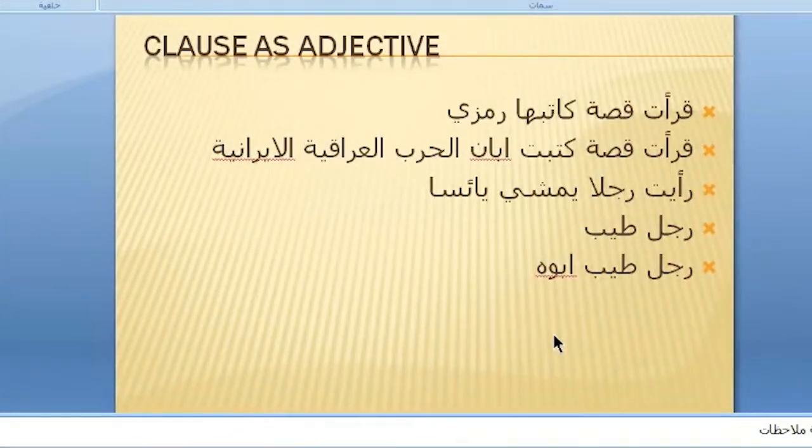Now رجل طيب أبوه, يعني أول مرة نبدأ بالرجل. طيب أبوه: الطيب توصف الأب، وطيب أبوه، اثنيناتهم يوصفون الرجل.